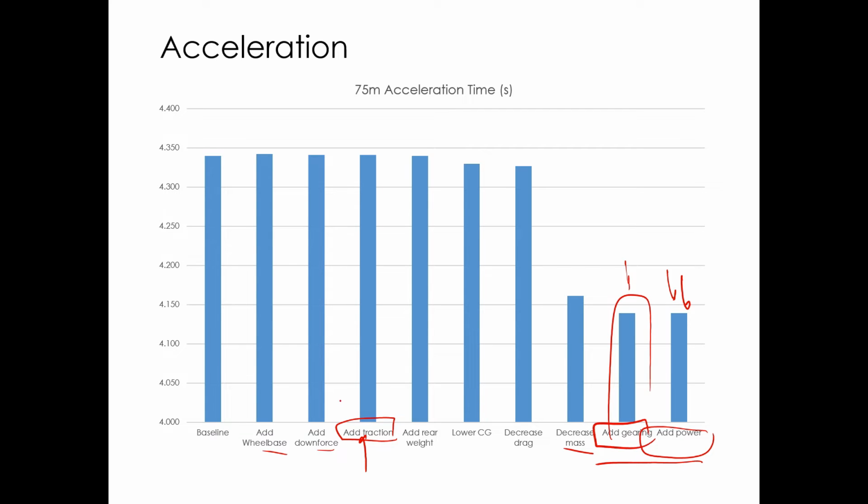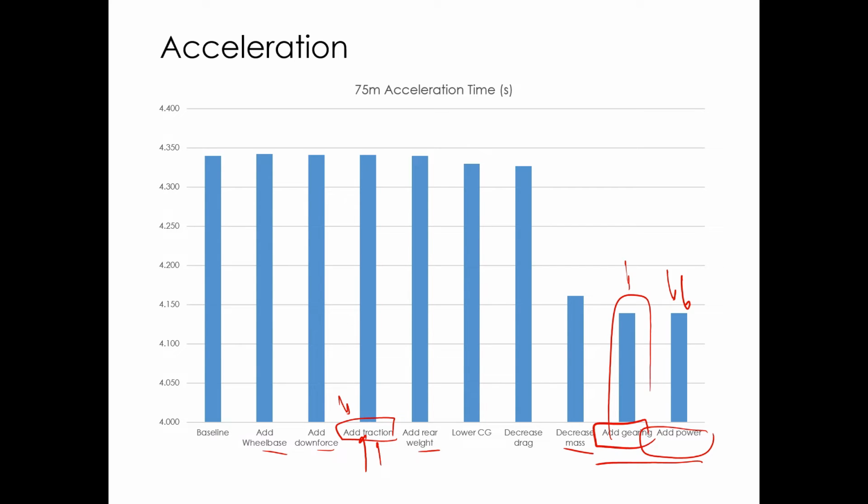So this is something you have to take with a grain of salt: the vehicle that was modeled was not traction limited. For something that is traction limited, you would expect to see this to be a significant concern. That's something not shown in this model that you need to pay a lot of attention to. As soon as you start to be traction limited, it's going to be one of these significant parameters.